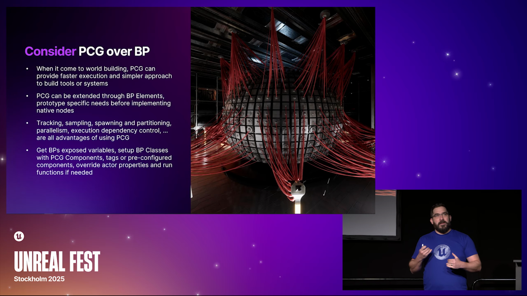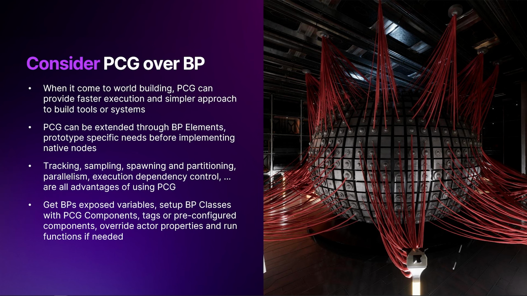And this is kind of my hot take challenge to you, which is instead of using blueprints, try and use PCG. If you've got a construction script, make that PCG instead, because what's really nice about it is if you run it in PCG, those instances exist. The instance static meshes are just going to exist on the world until they need to be changed.